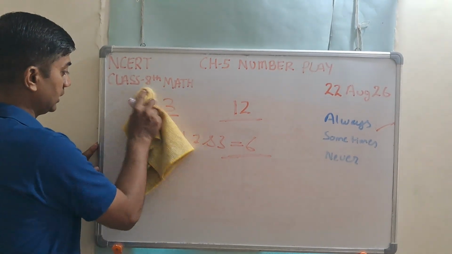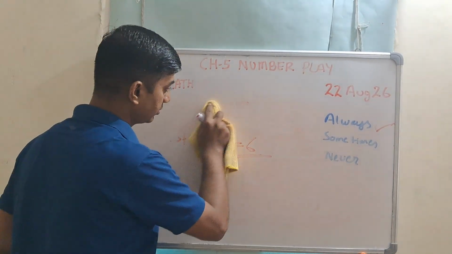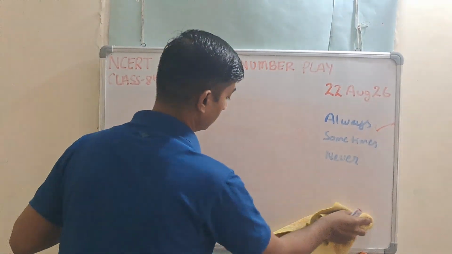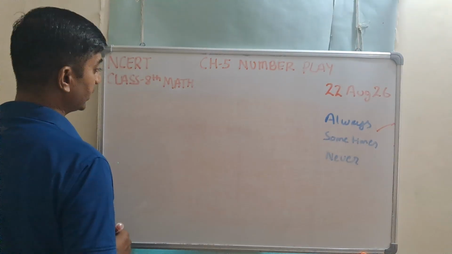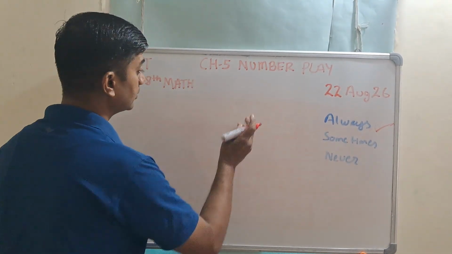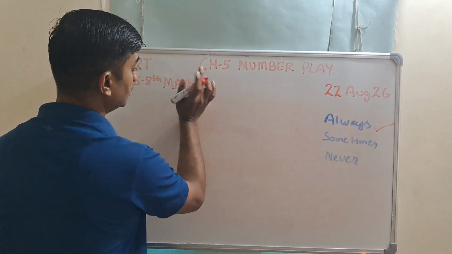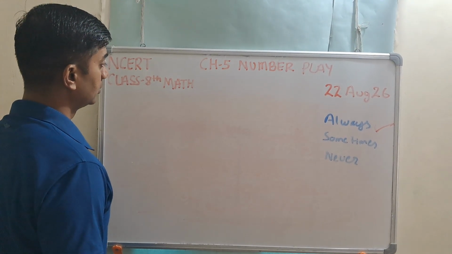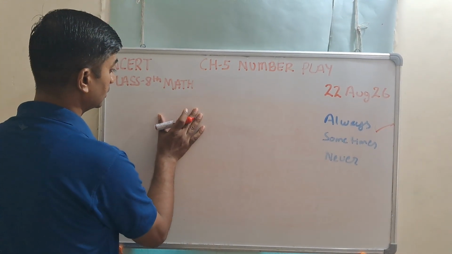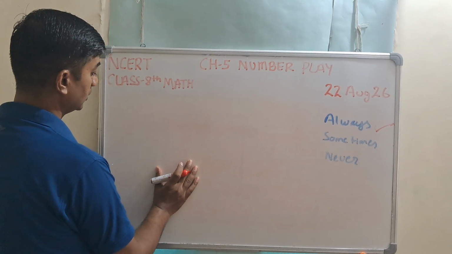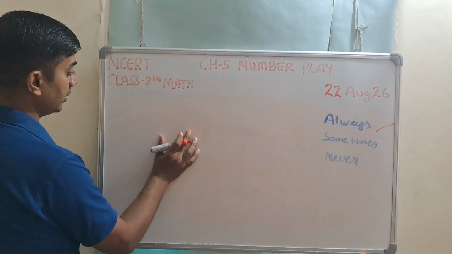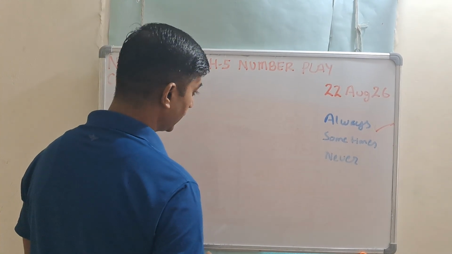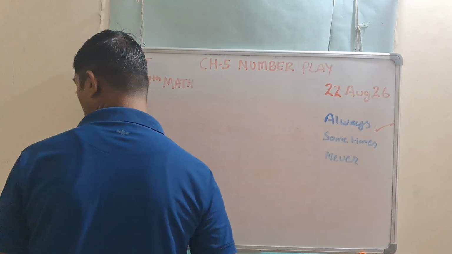Now we will discuss another fact, which is the last fact of this class. What is that? The sum of the multiple of 2 and 3 is also divisible by 6. Understood?